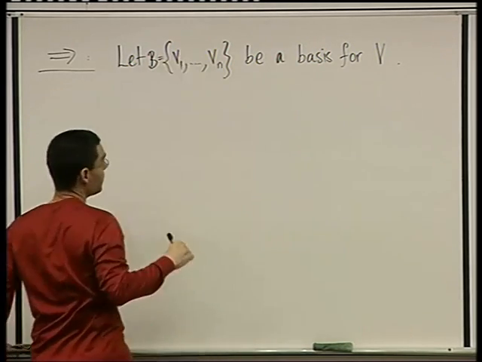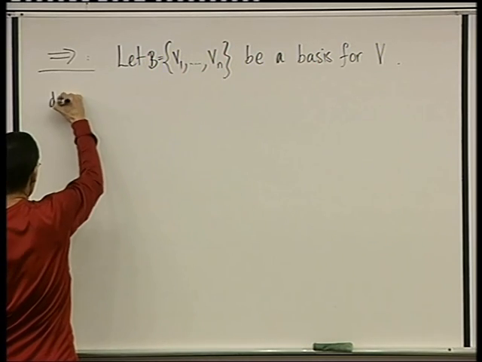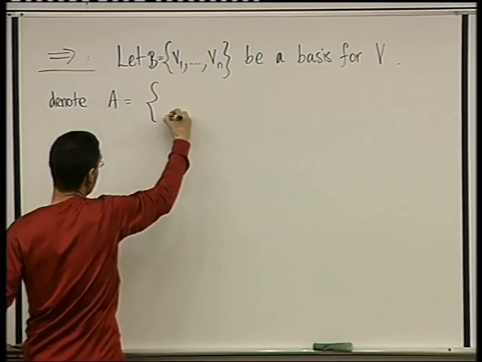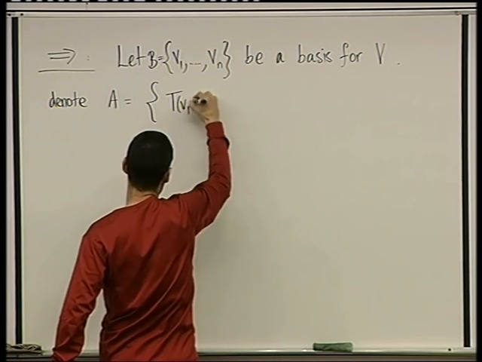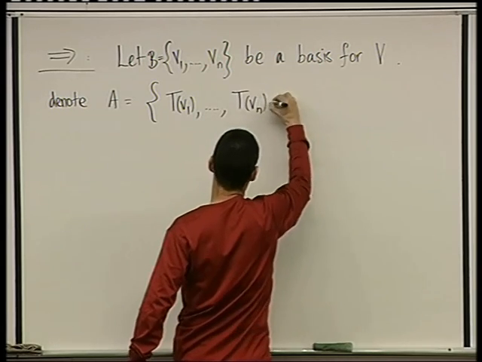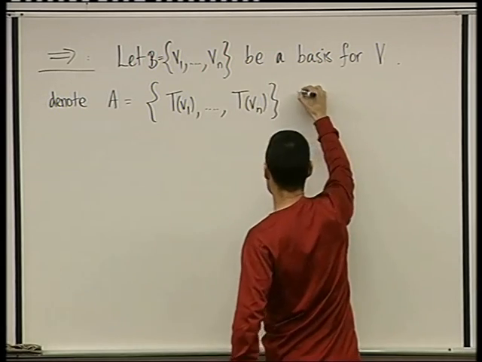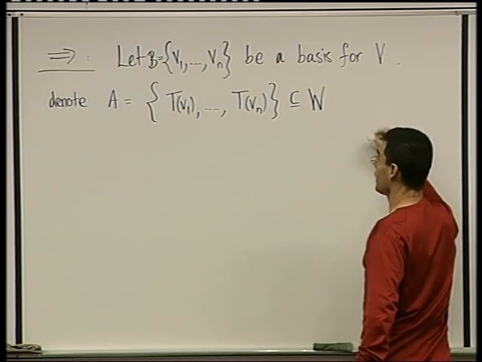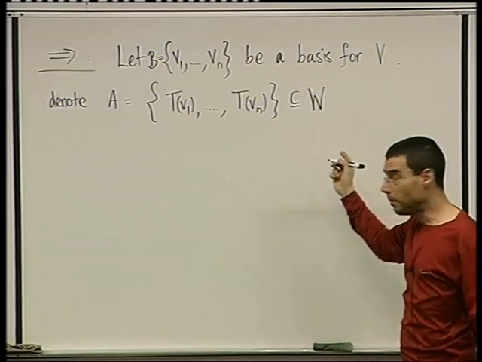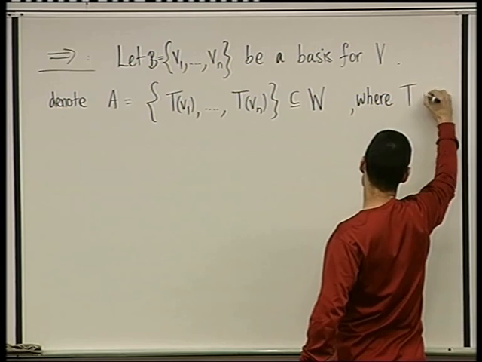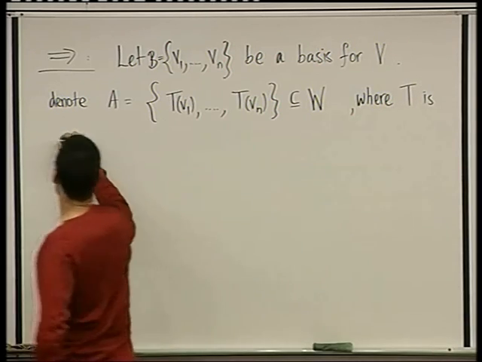B is a basis for V, and denote A to be the set T of V1 up to T of Vn. A is a subset of W, right? It's guys in W, where T is an isomorphism.